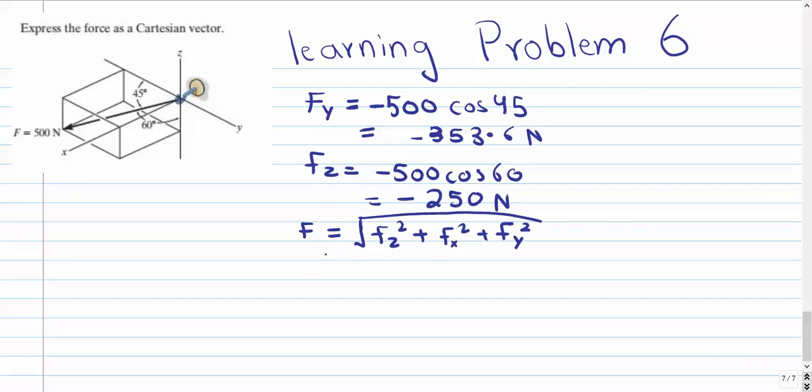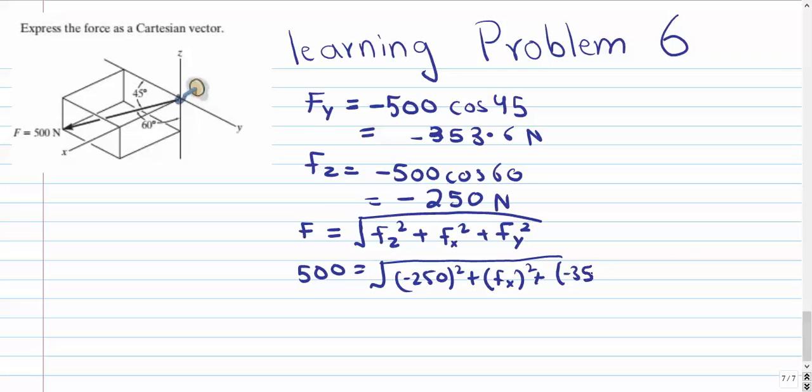So let's substitute in the values. 500 is equal to the square root of negative 250 squared plus Fx whole squared plus negative 353.6 whole squared.